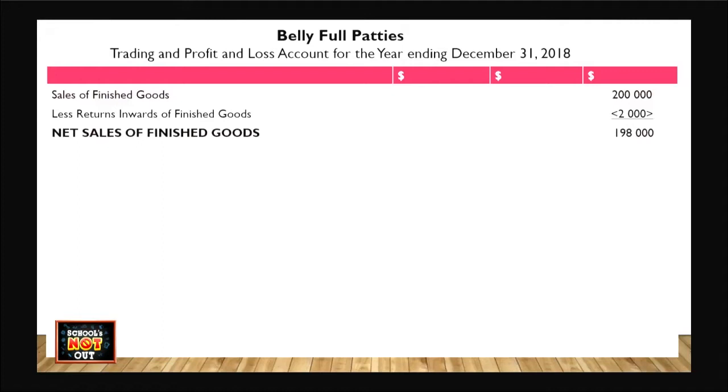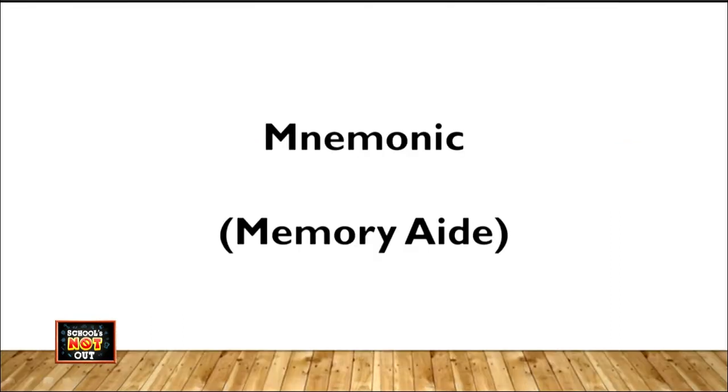Now, here is where we are going to do some transference. We're about to calculate in the trading account the manufacturer's cost of goods sold. But again, we're going to say cost of finished goods sold. In a previous class, I had taught you a mnemonic, or a memory aid, to help you to remember how to calculate the manufacturer's cost of raw material used.